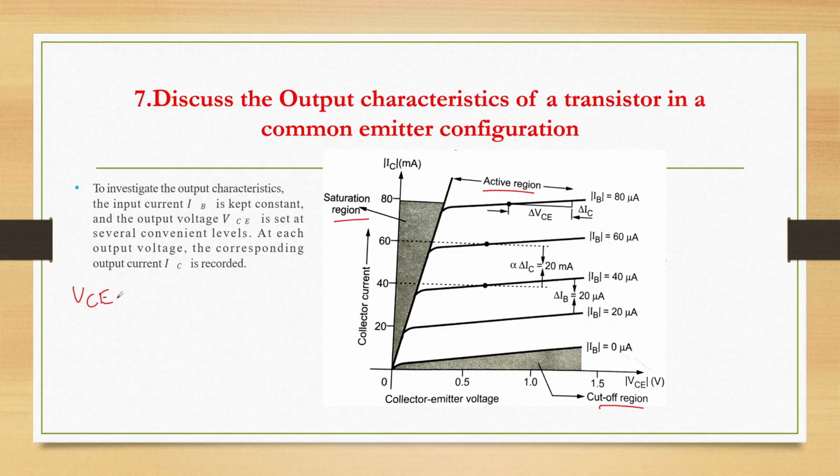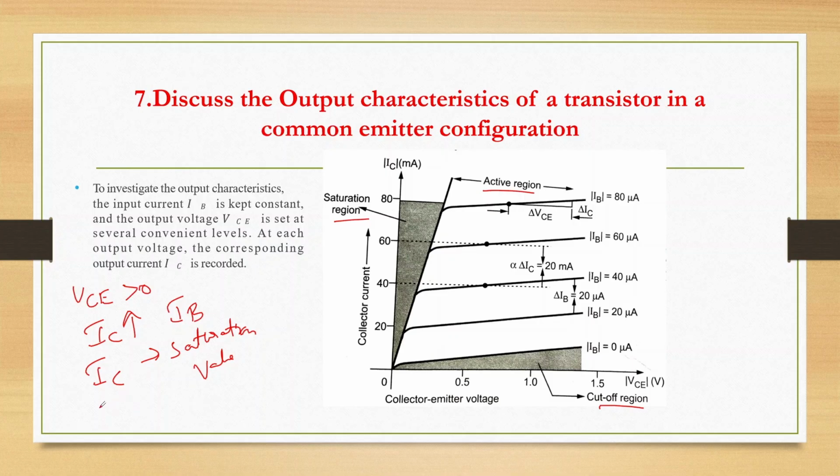The VCE is increased above 0, and the collector current increases with saturation, depending on the value of base current IB. Then IC reaches the saturation value when VCC is greater than VCE.